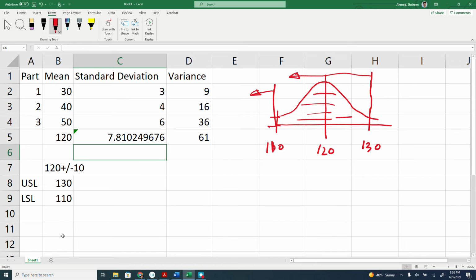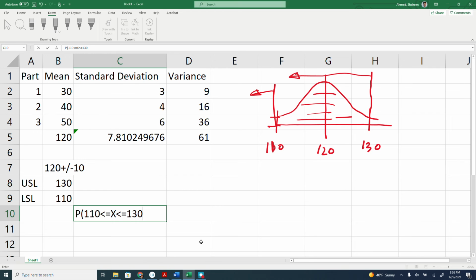So the way you do it simply, what we are looking for is the probability of 110 less than or equal to that part we are producing. So we want the probability in that range.